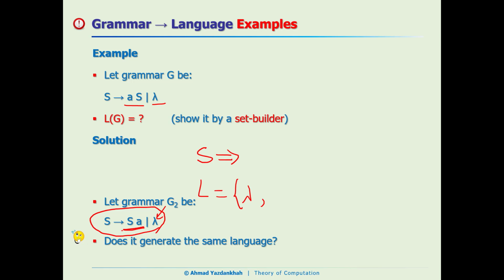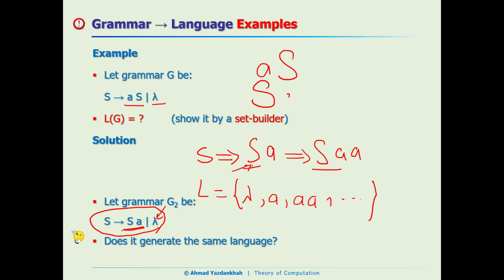So the first string is lambda, and S can derive SA, and we can substitute this S with lambda and we get A. We can substitute this S with another SA and then substitute this S with lambda, we get AA. You see the same thing. For this particular example, there is no difference between AS or SA.